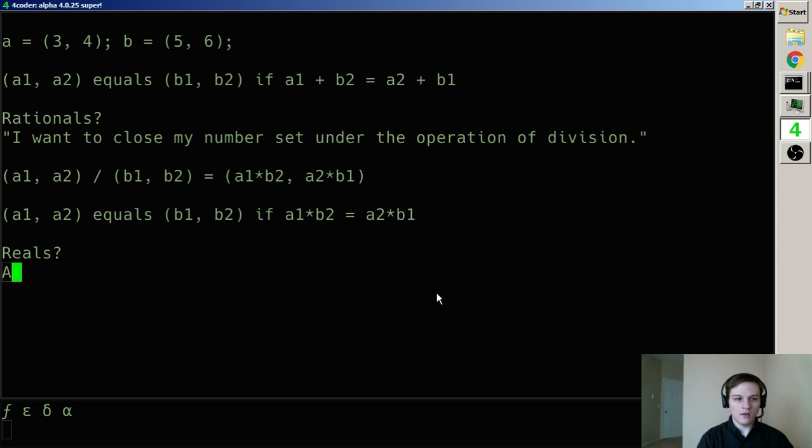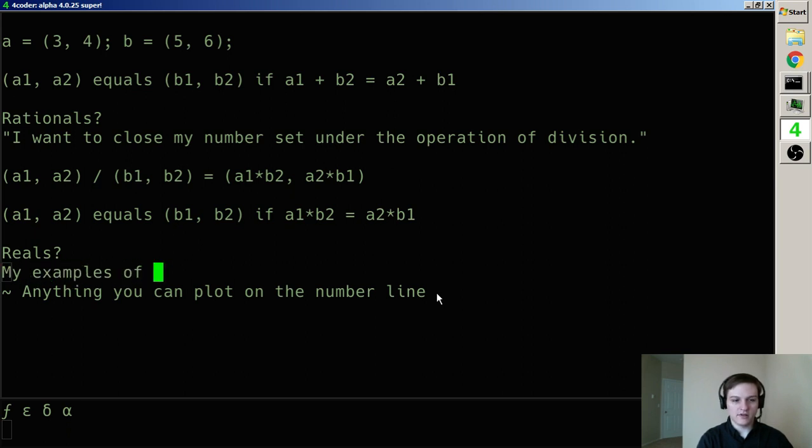Anything you can plot on the number line, right? These are my examples of definitions that aren't solid. I would say rigorous, but I don't know how to spell it. I just realized, so I'm going to dodge that issue.